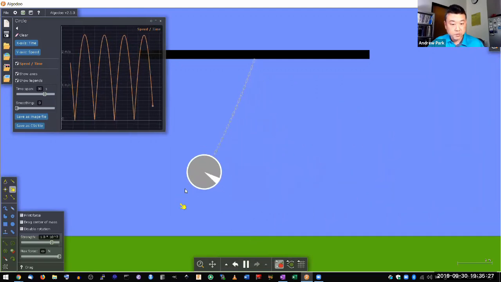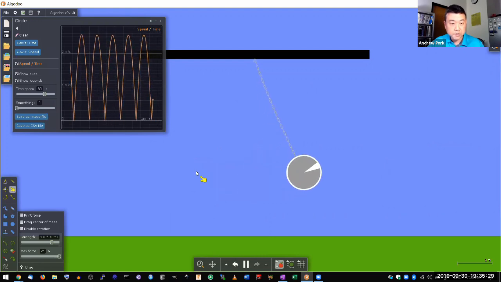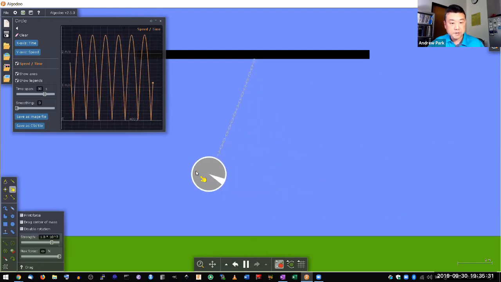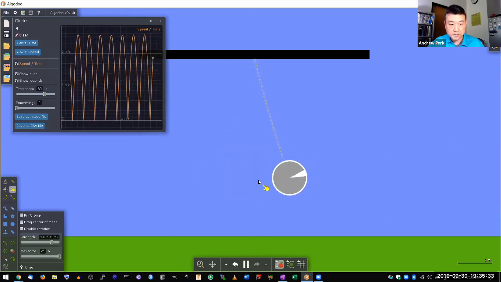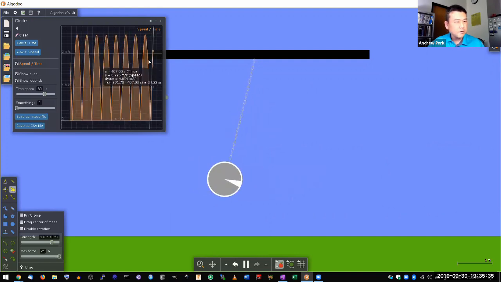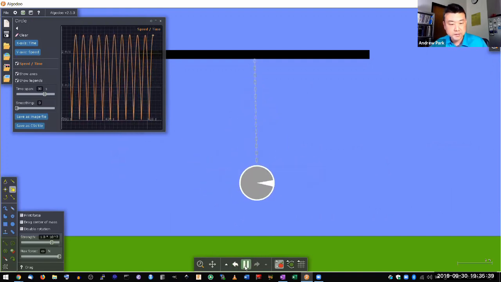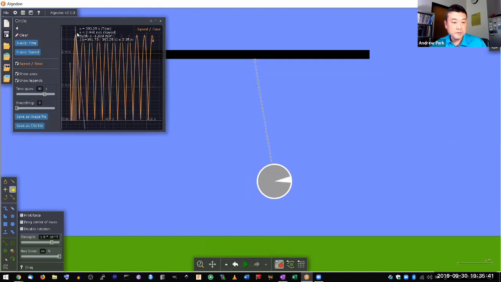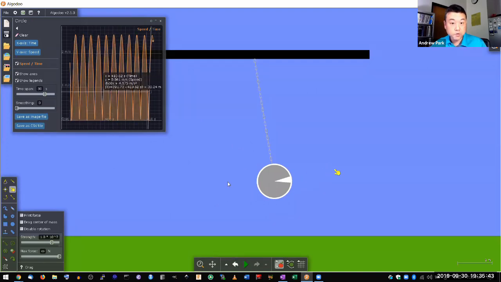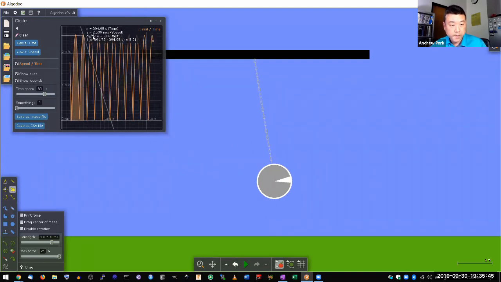Its speed is 0 right here at the end of the motion, and then its speed is maximum at the bottom here. But as you look at this, there's kind of a sense of constancy here. It seems like this swinging pendulum is always coming up to the same speed.